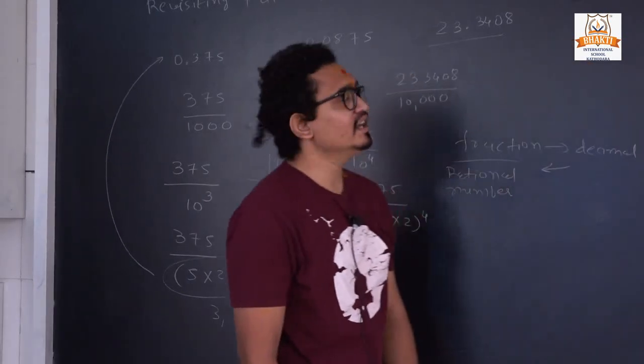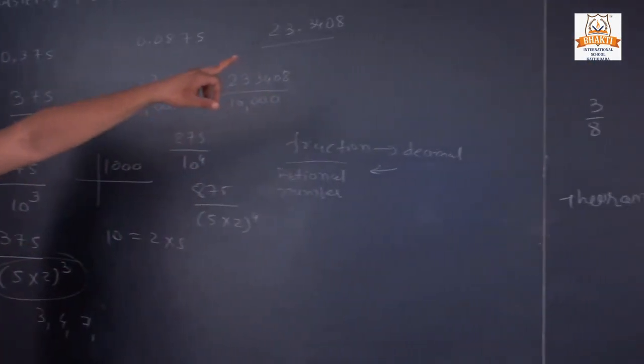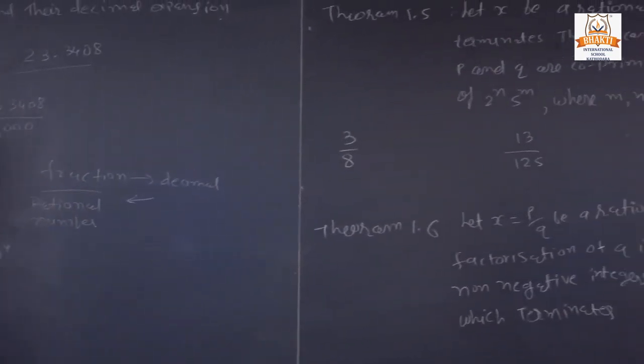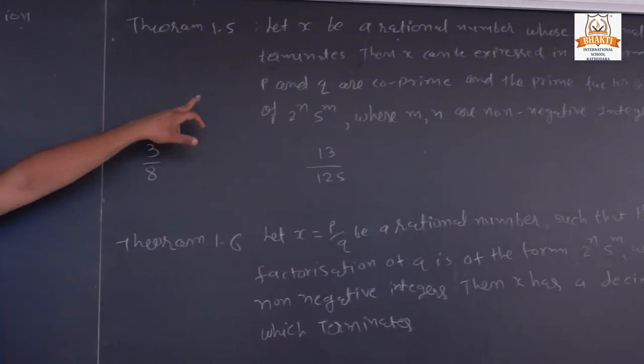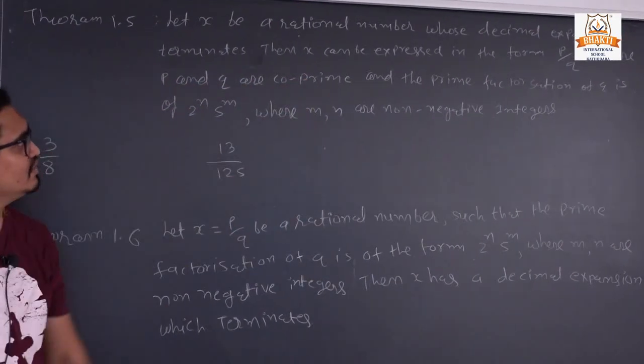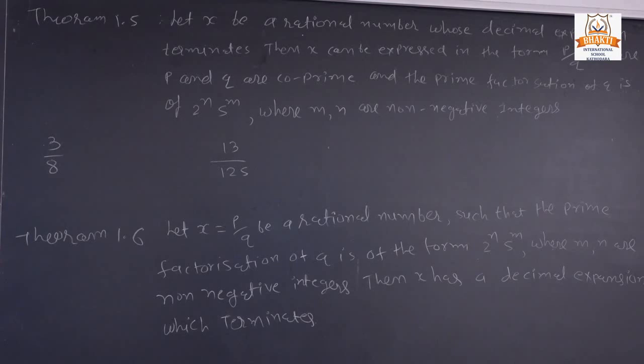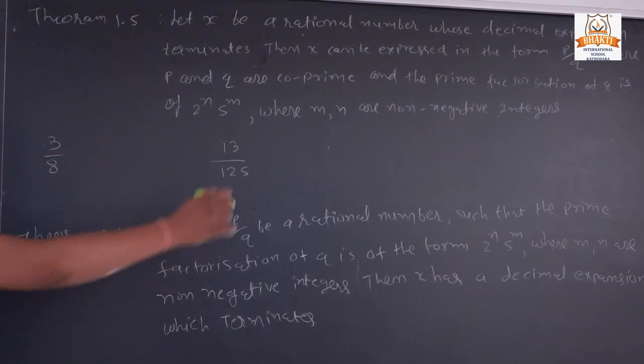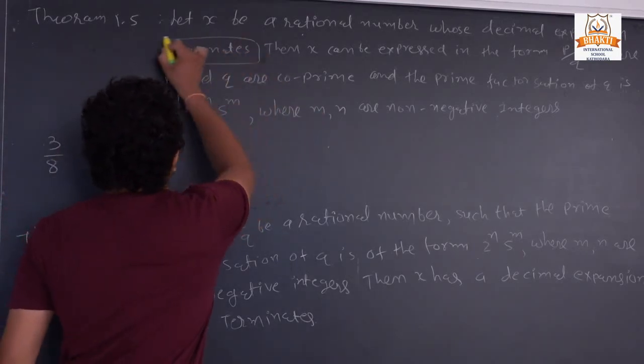So in that theorem we can see that let x be a rational number whose decimal expansion terminates, then x can be expressed in the p upon q form. This term is important.